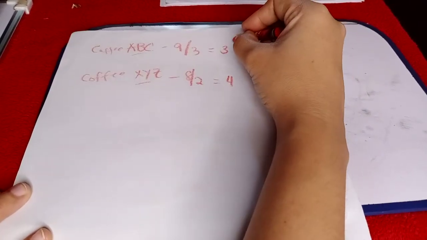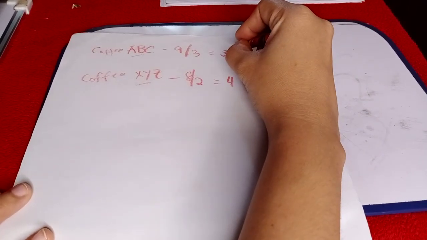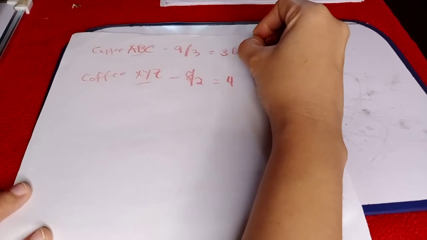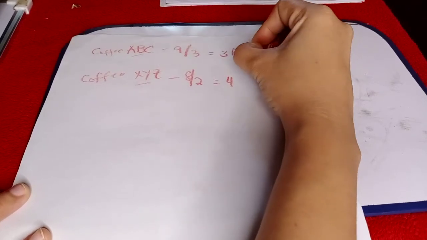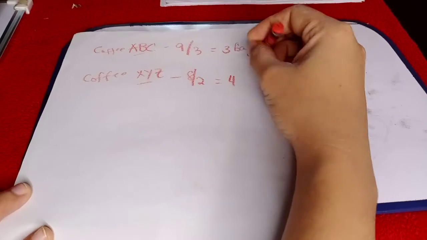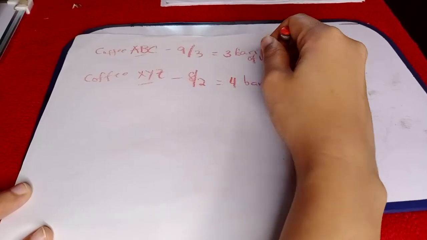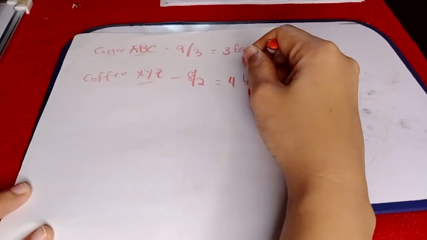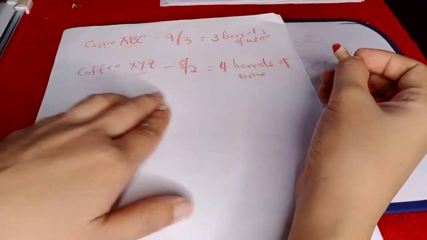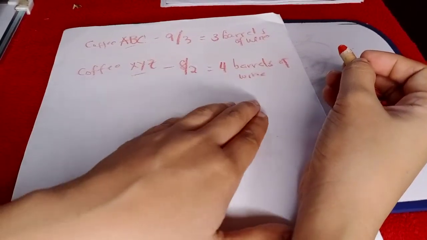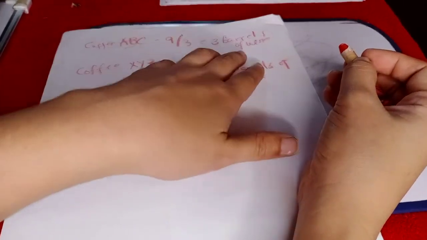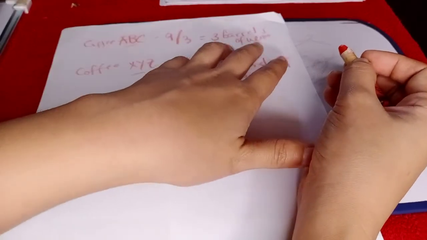In this part, they are only producing 3 barrels of wine. In this part, they produce 4 barrels of wine, which means coffee XYZ gives up more barrels of wine than coffee ABC, which only gives up 3 barrels of wine.